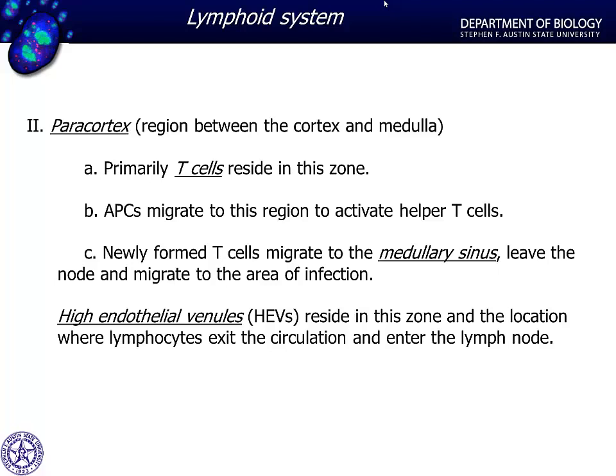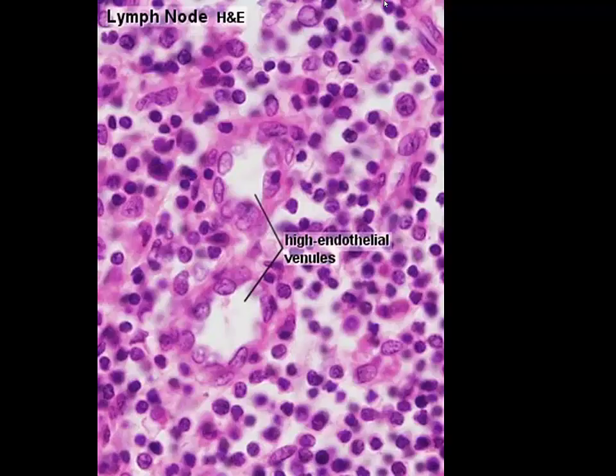Now, it's within this zone that we're going to find those high endothelial venules. Again, these small diameter luminal structures are going to have the cuboid-shaped endothelium present inside in the tunica intima, and this is going to be the location where we have a lot of diapedesis of our cells in and out of the circulation. So here we have two examples of our high endothelial venules.